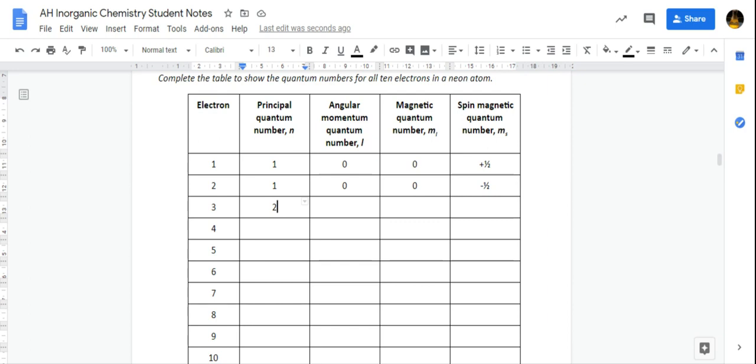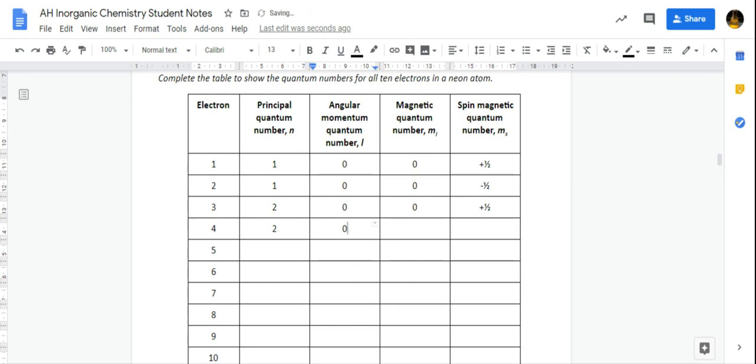So we've got 2, and then we're going to put them into the S subshell first of all. If L equals 0, then ML also equals 0. And we're going to give this electron, we'll just follow the pattern, a spin of +0.5. Our next electron is also in the 2s orbital.